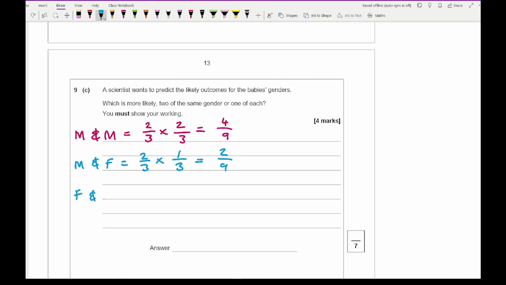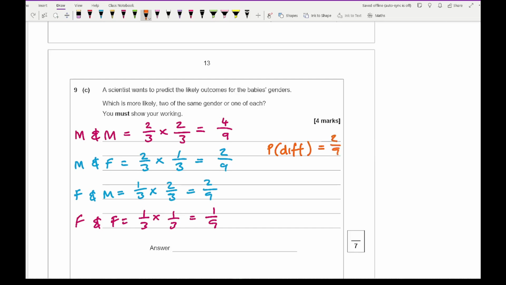Female and male equals 1/3 times 2/3, which is 2 ninths again. And finally, female and female is 1/3 times 1/3, which is 1/9. Now here, if we want to work out the probability that they're different, I need to add the two blue probabilities together.